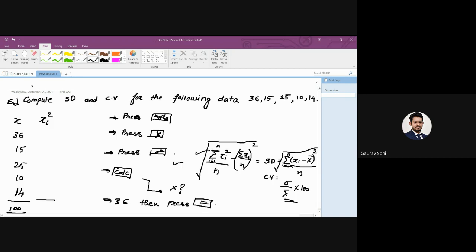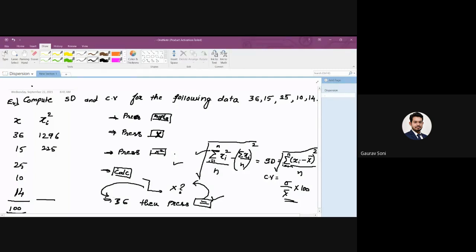When you press equal to, it will give you 1296. Again, when you press equal to, it will again ask you the value of x. Then you give 15 and you will get 225. Again you press equal to, so this process has to be repeated. This has to be the loop.